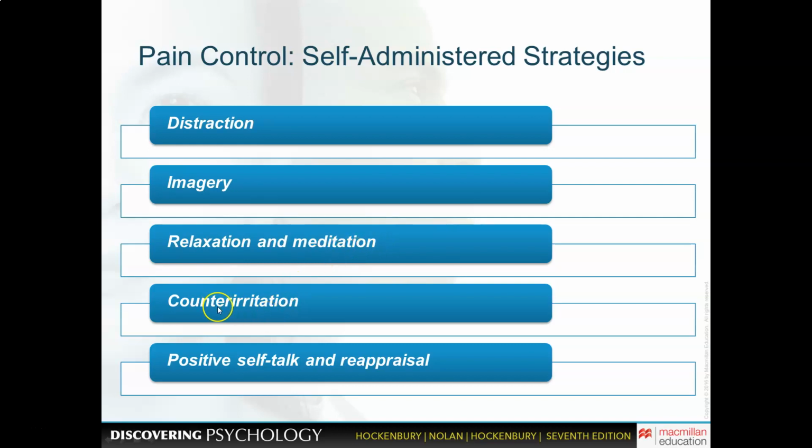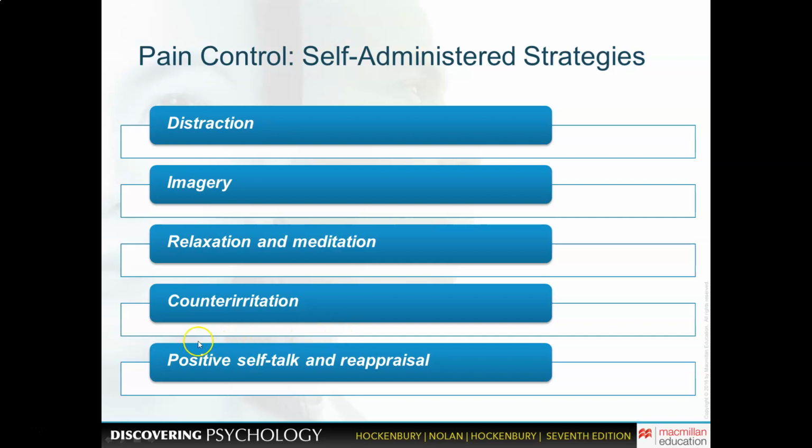Counter irritation, we won't really worry about. That basically means a different type of irritation. If you injured your knee, maybe a brief pain to your fingertip might take the pain away from your knee, and that's called counter irritation.